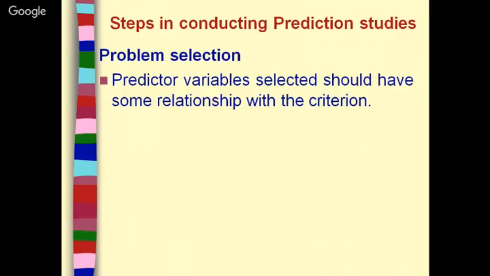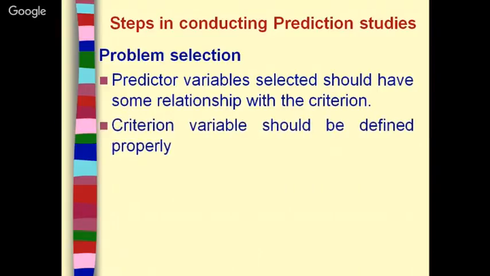So you are to think of what will be your predictor variables and what will be the criterion variable. Say my joint entrance test and aptitude test may become my predictor variables. Success in the engineering college becomes the criterion variable. I take this example and solve these things.